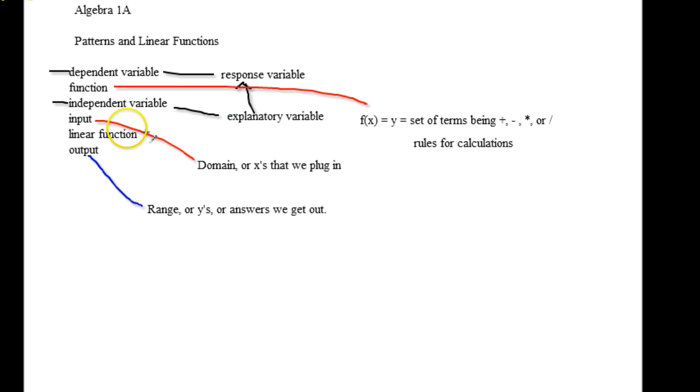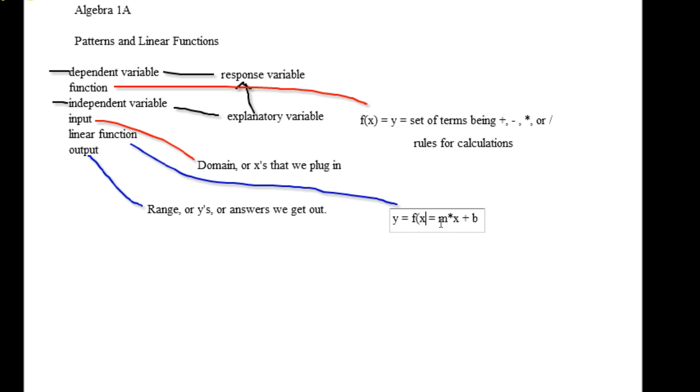One of the last things we're going to find before we start today is a linear function. A linear function is a certain type of function. It follows this form: y equals, or f of x equals, m times x plus b.